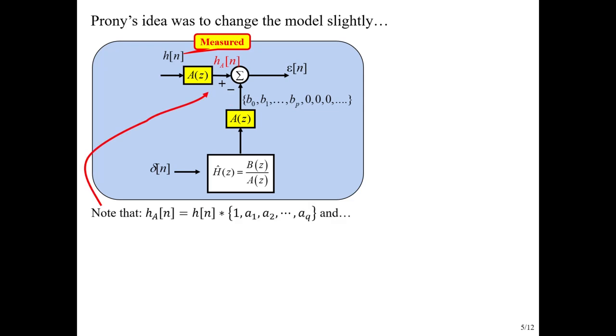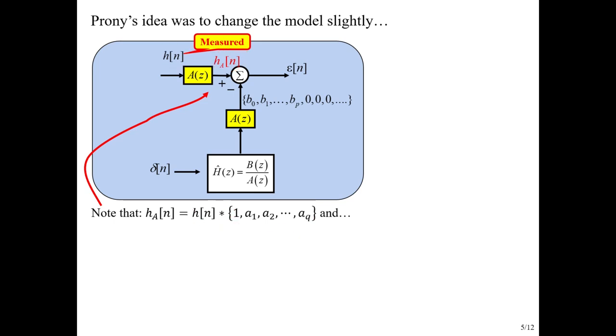So what comes out here is going to be h of n convolved with, this looks like an FIR filter with the denominator of this playing the role of the numerator there. And so there's its impulse response. So the value here is h of n convolved with, so that's now convolved.